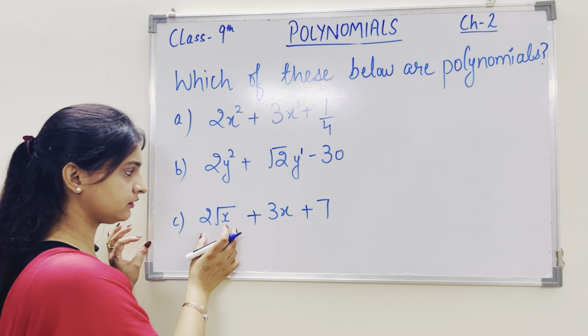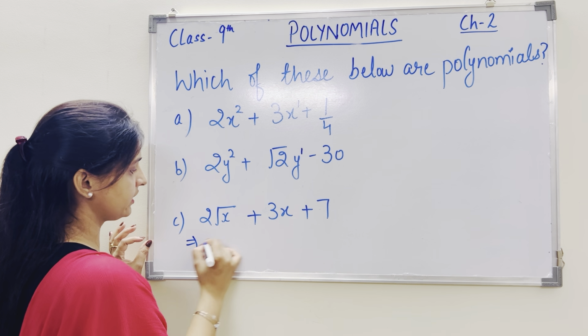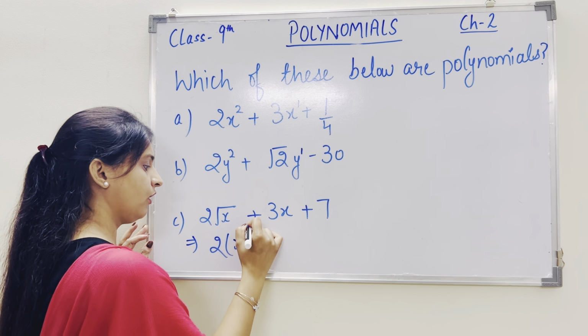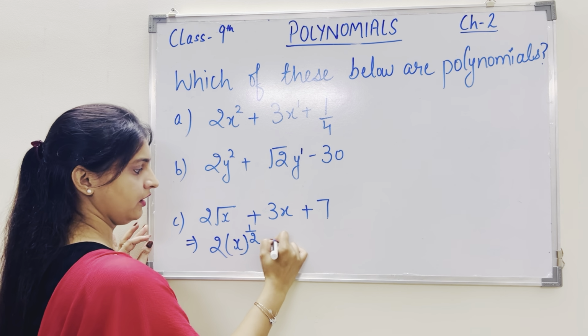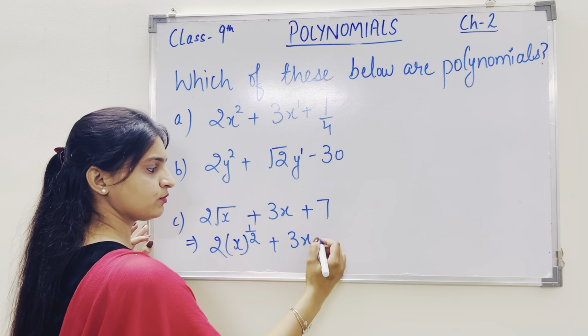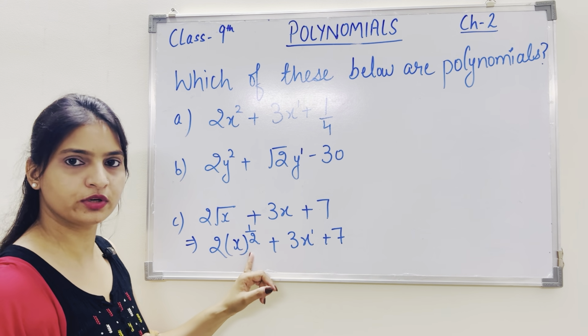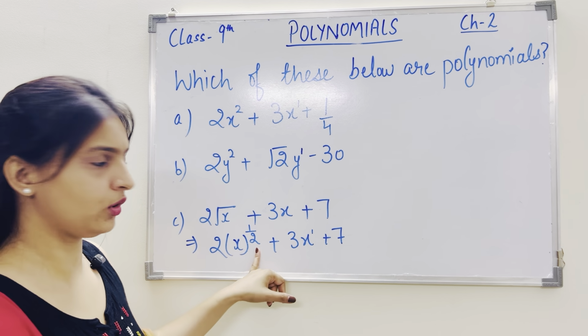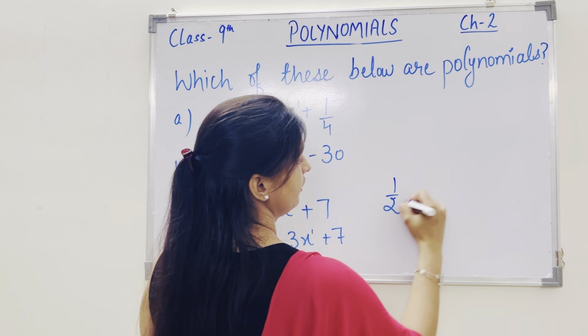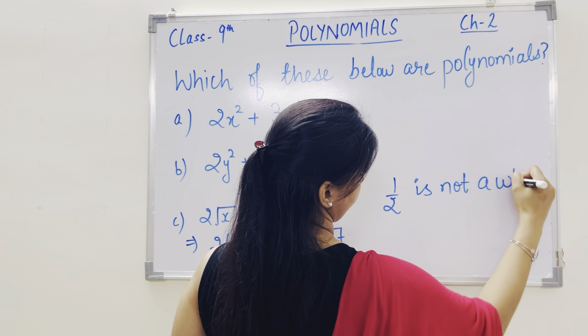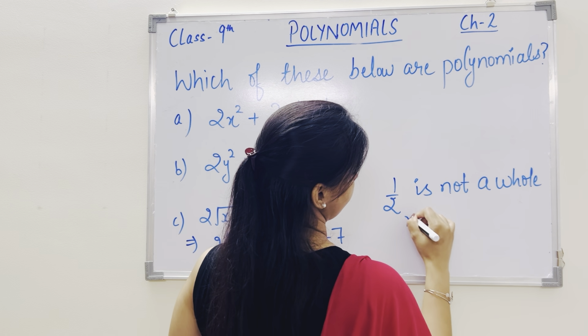And the third expression, as you can see, the exponent of x is 1 by 2, plus 3x raised to power 1, and plus 7. The exponent here is not a whole number. 1 by 2 is not a whole number.